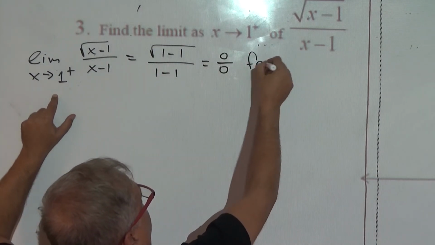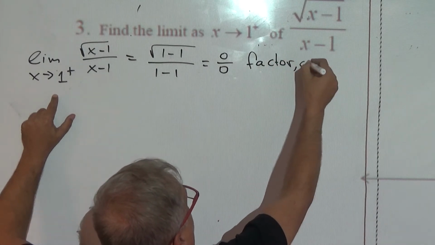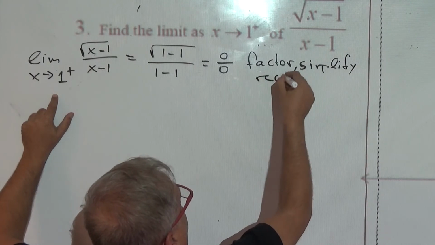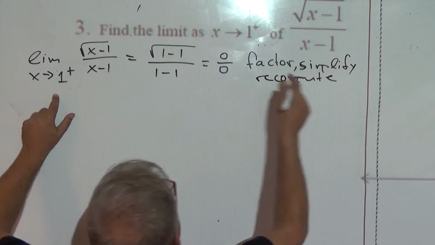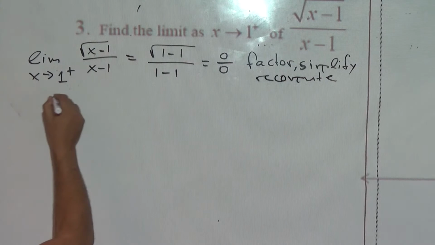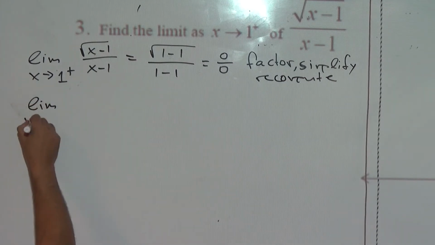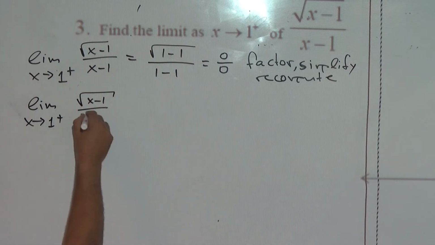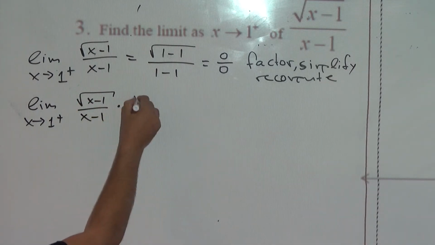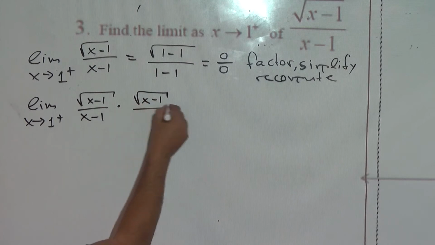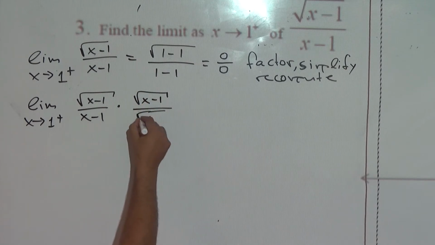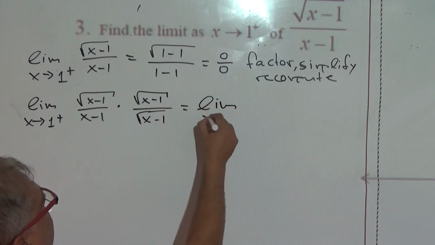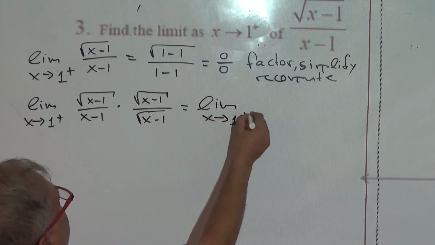Again, what do I do? I factor, simplify, and recompute. In this case, because I have a square root, I'll need to write again the limit as x goes to 1 plus of the expression. But I need to multiply in this case with a root again. And then I'll get the limit as x goes to 1 plus.